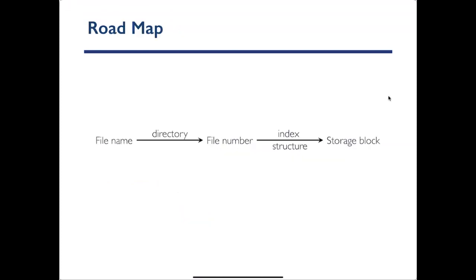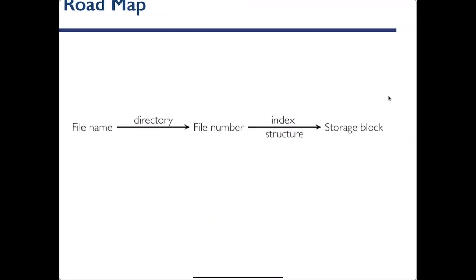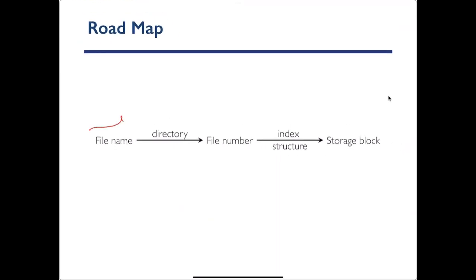Okay, now for the rest of today's lecture, we're going to focus on two main tasks. The first one is we're going to be given a name, a human readable name, and we're going to use the directories to turn this name into a single file number. So that's Part 1.